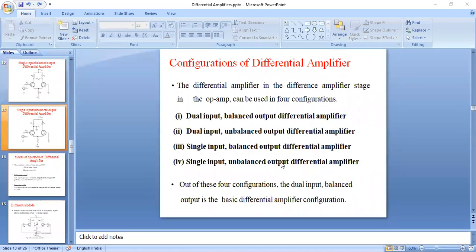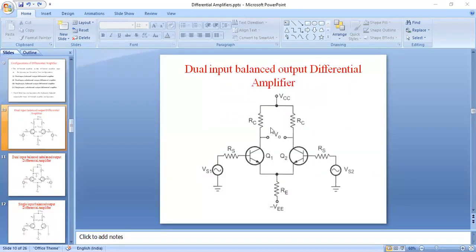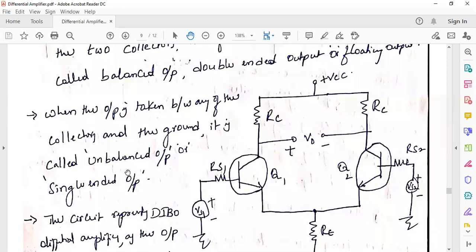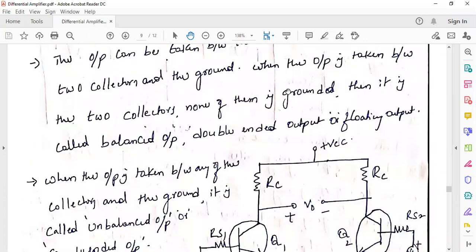Here the output is measured between two collectors, collector 1 and collector 2. That's why it is called balanced output. So when the output is taken between any one of the collectors and ground, it is called unbalanced output or single-ended output. If the output is taken between two collectors and none of them is grounded, then it is called balanced output, a double-ended output or floating output.